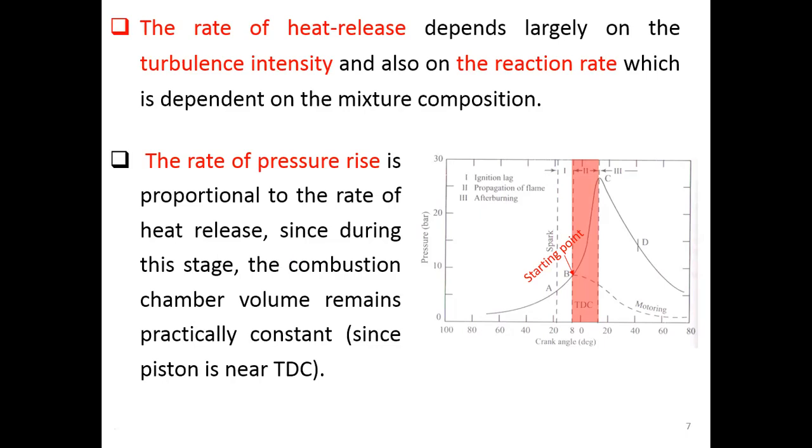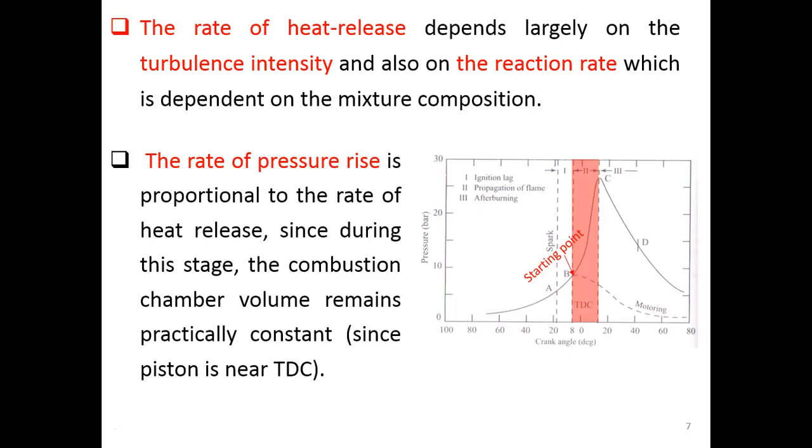Only that. Why? Because during this state, if we can make this peak pressure get closer and closer to the top dead center, it means our combustion process can happen at constant volume.